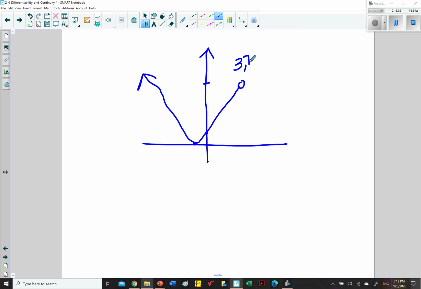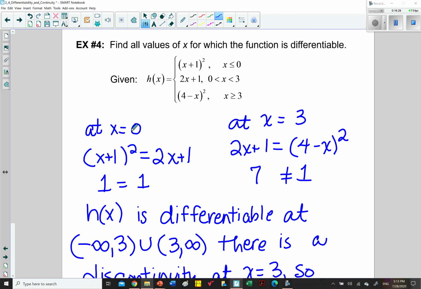We found 3, 7 up here. But on the other part, the 4 minus x squared, what was it, 1? At 3, the value was 1. And it went off that way. So you've got a jump discontinuity. You can tell graphically what's going on. But we could also tell algebraically by just evaluating. These two values went to the same y. These went to different y's.